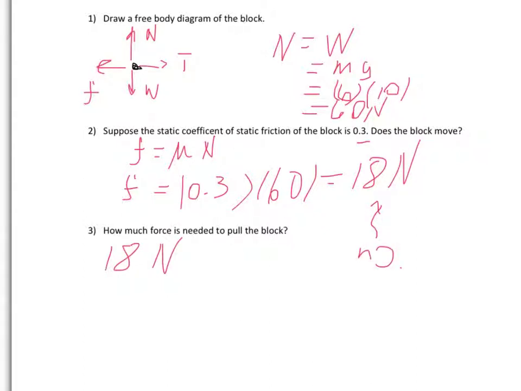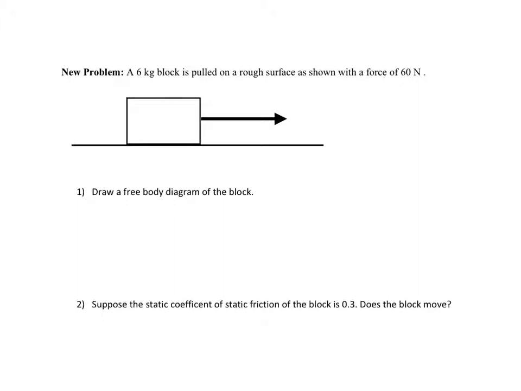Now, for the next part of this problem, we know that the weight is 60 newtons. Let's take a look here. Again, free body diagram: we're going to have the normal, the weight, we have a pulling force, and we have the friction.